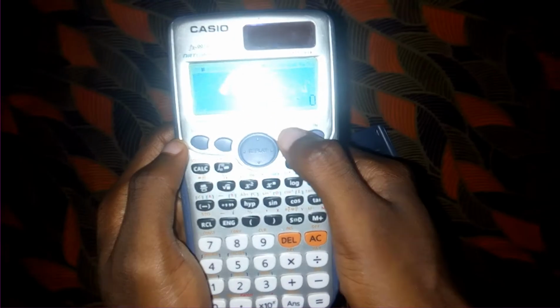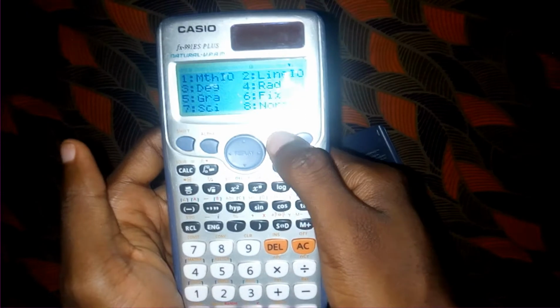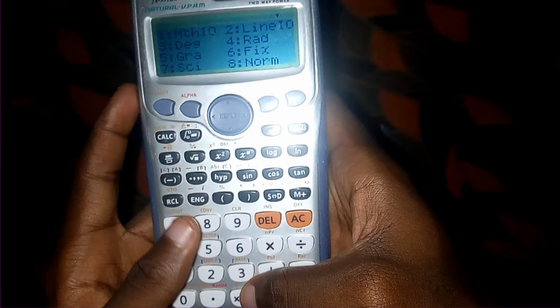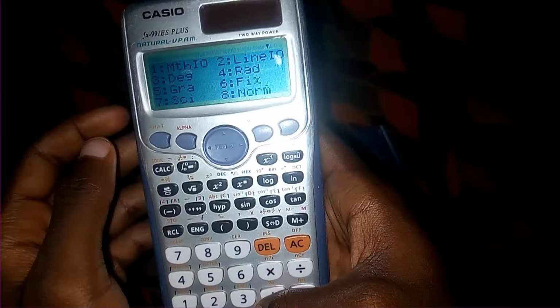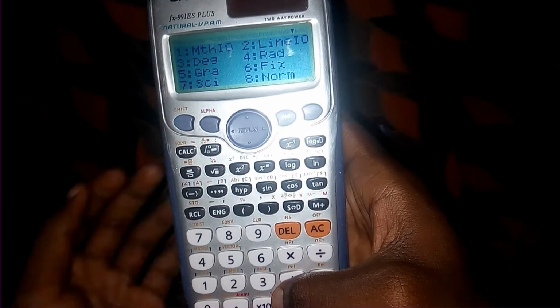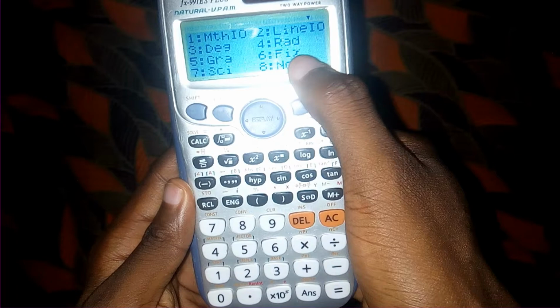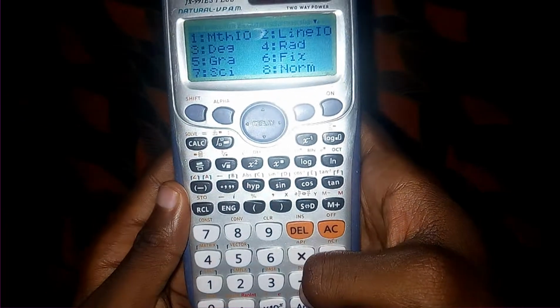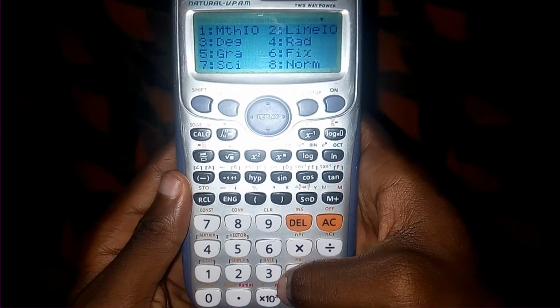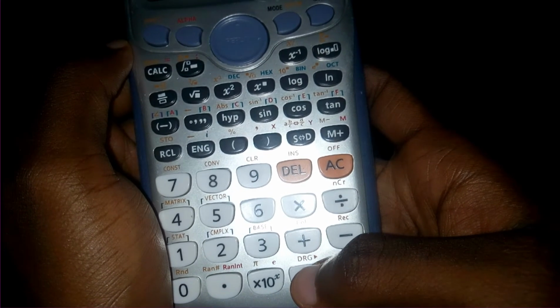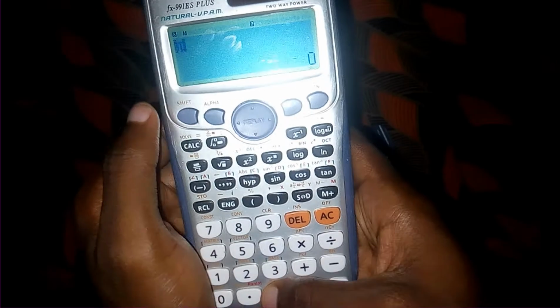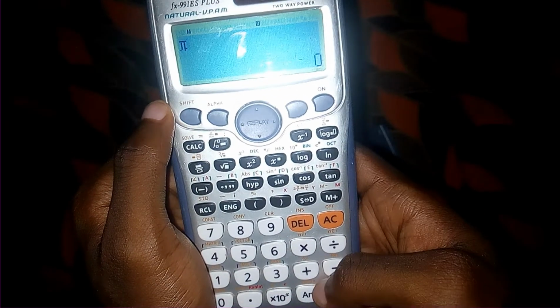So if I go to setup again, I have degree, rad and grad. The degree, radian and grad, that is 3, 4, 5, give us the type of angles we want our answers to be in. These are the angles, you still see them here. So when you're working with these angles, let's say I have my pi, I know pi to be 3.14.